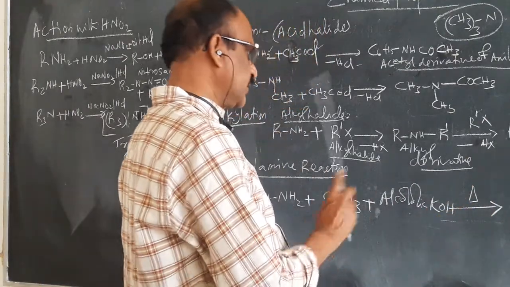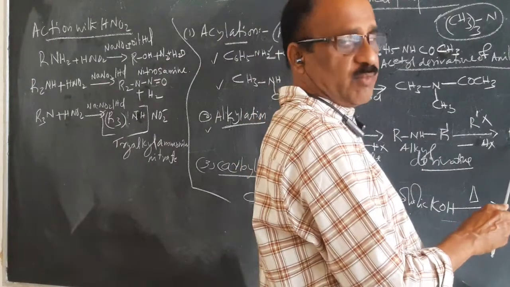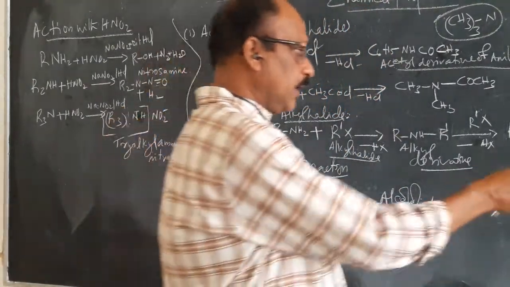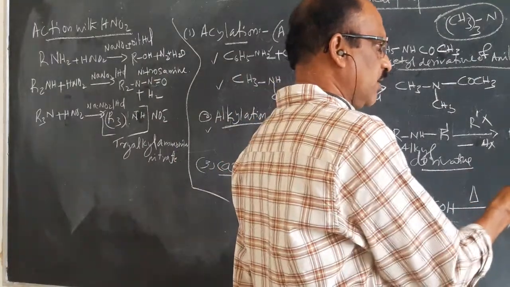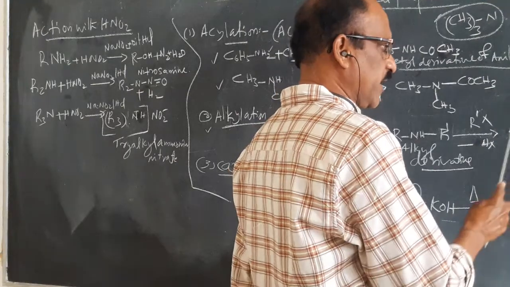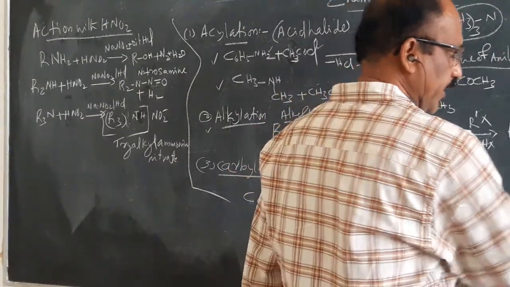So primary amine is changed into secondary amine, and secondary amine is changed into tertiary amine. In both the cases, HX will be eliminated. In the last step, one molecule of alkyl halide is added to the tertiary amine. No molecule is eliminated, and you are getting a quaternary ammonium salt.